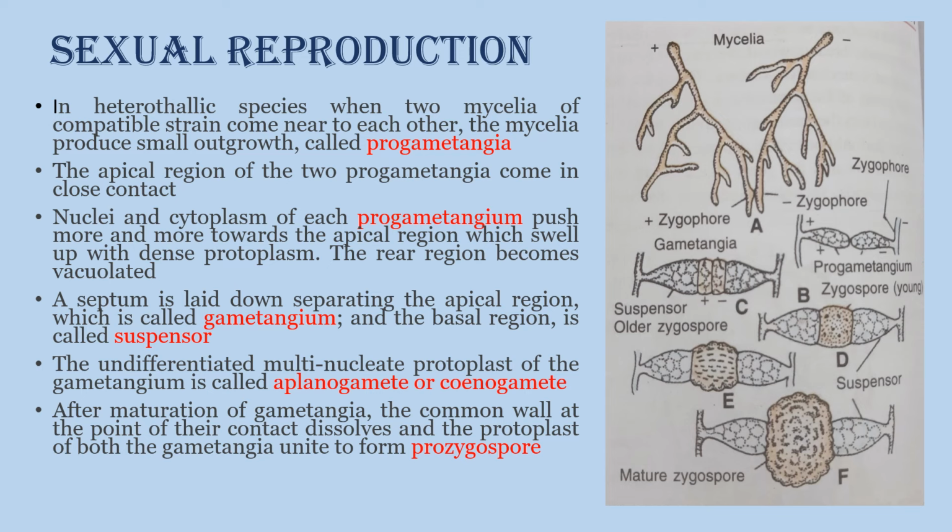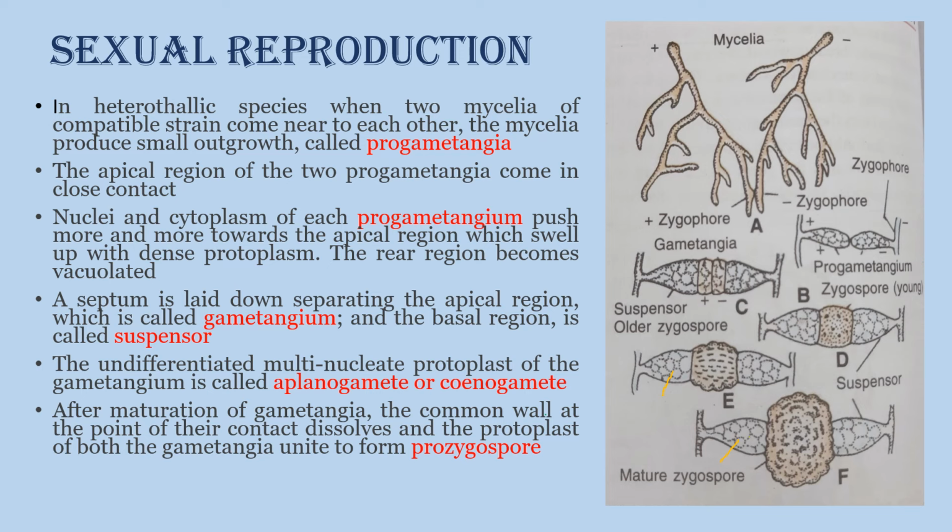By this time, during the period of resting, this suspensor cell, which I am drawing in yellow, has desiccated and liberated the zygospore from the mycelium. The mycelium is also dead by this time, because reproduction usually occurs when there is a drought stress.